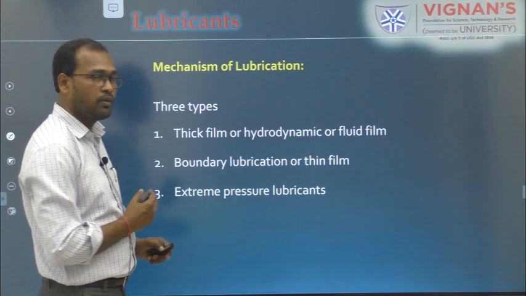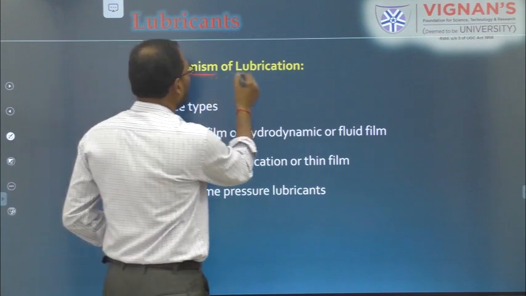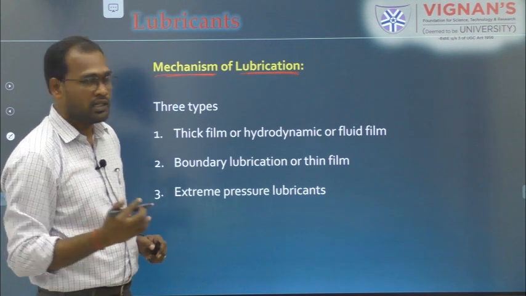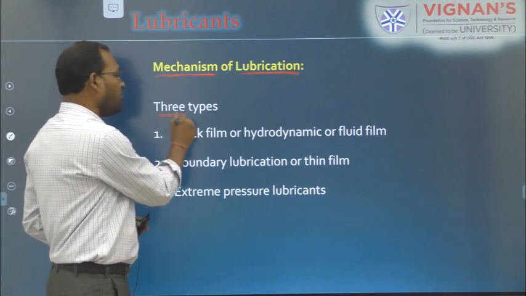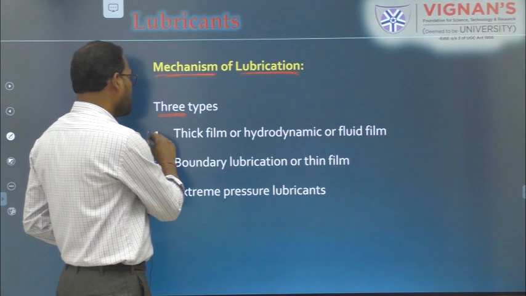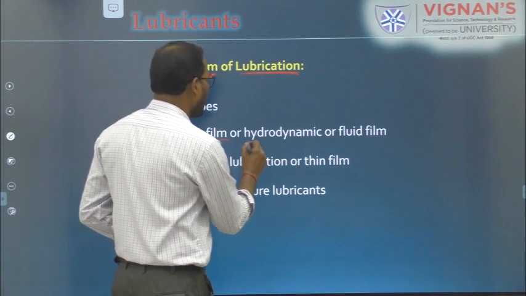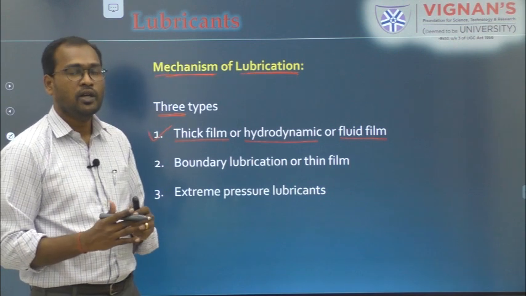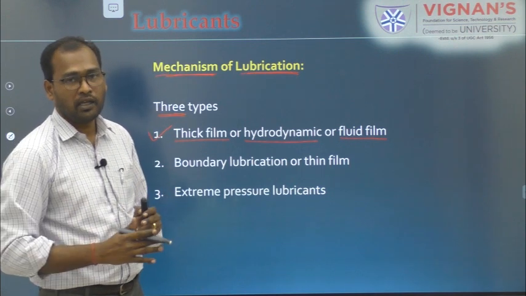Moving on to the next one, the mechanism of lubrication. How lubrication works, right. So three different mechanisms have been proposed. One is based on a thick film or hydrodynamic or fluid film. These are different terms which are used based on the application, right.